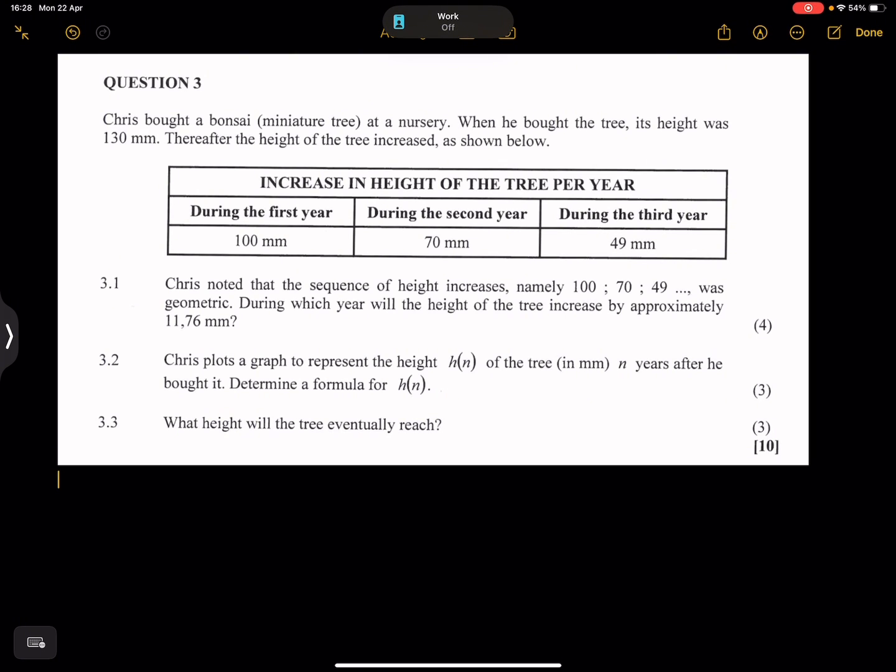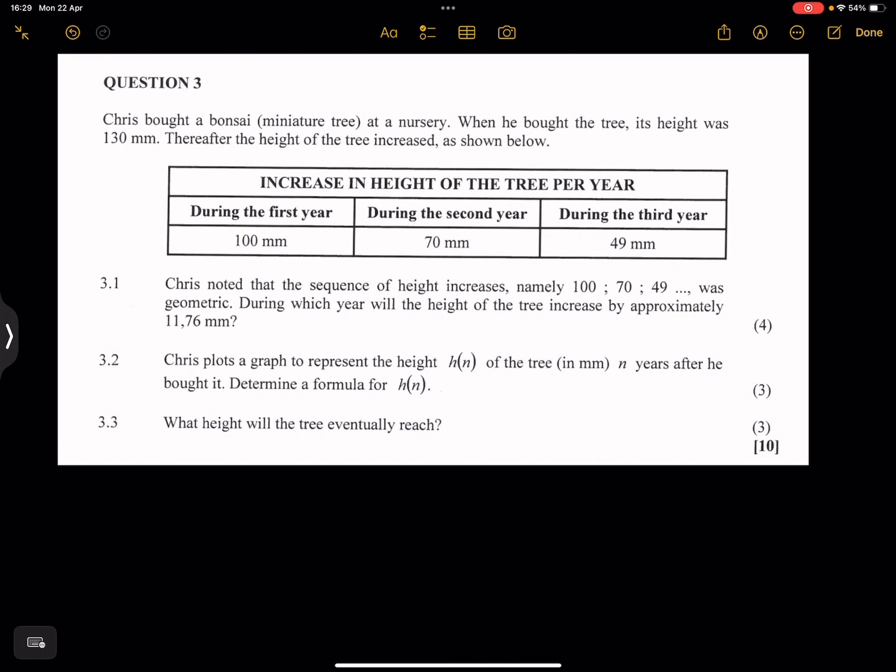So they say Chris bought a bonsai, that's a miniature tree, at a nursery. When he bought the tree, its height was 130 millimeters. Thereafter, the height of the tree increased as shown below. During the first year, it increased by 100 millimeters, during the second year by 70, and in the third year by 49.